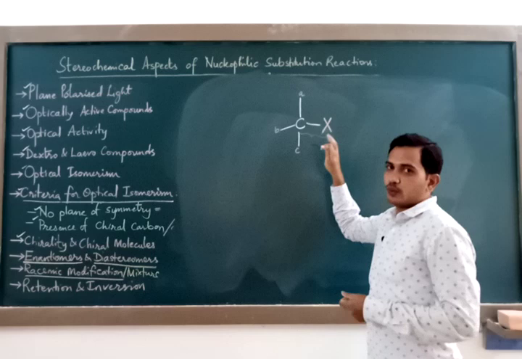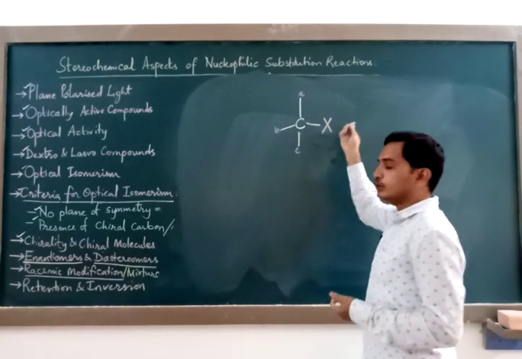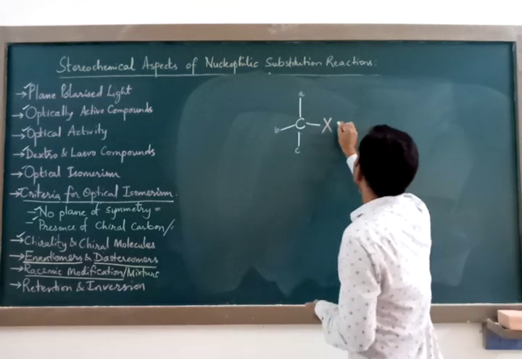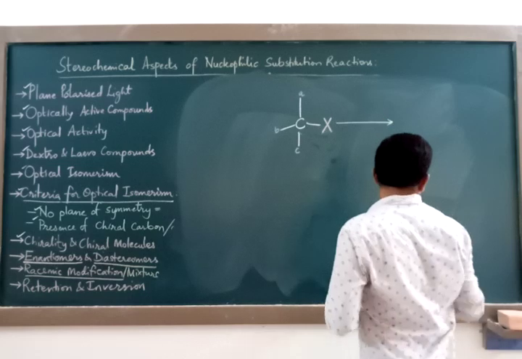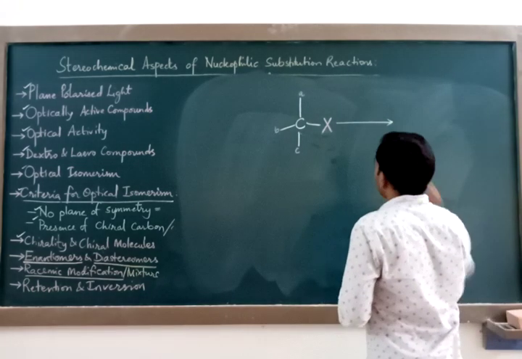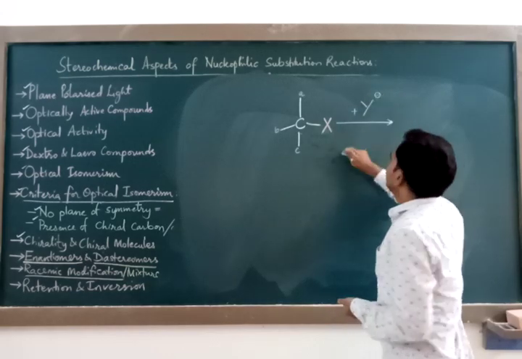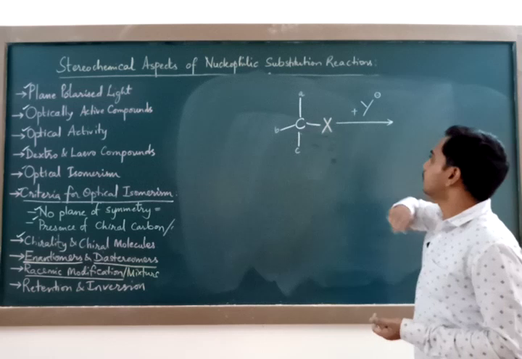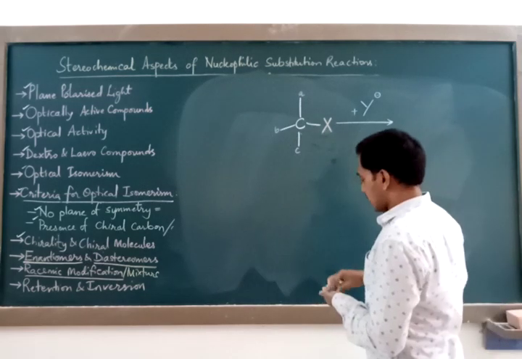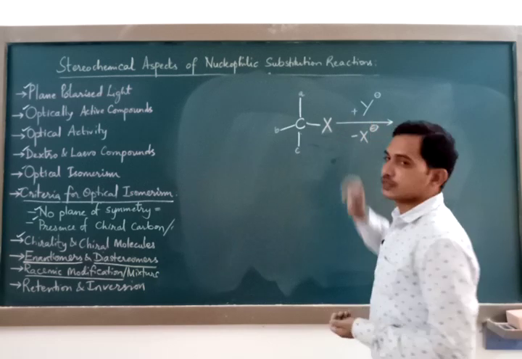In this compound, if you want this halogen to be replaced by some other nucleophile, let us subject it to a nucleophilic substitution reaction wherein you are bringing a new group, that is Y. You are substituting a new nucleophile in this compound. Then X should go away, giving place for Y.